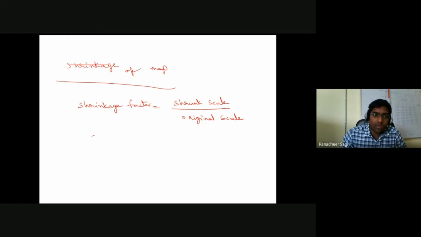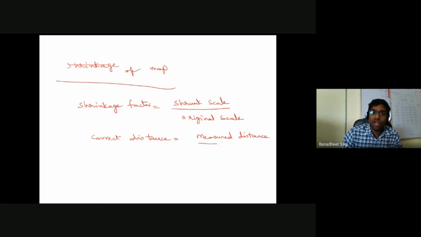Then what was supposed to be the correct distance between those two buildings which I was talking about? If I want to find out the correct distance in the map, I can simply write it as measured distance. So what was my measured distance?